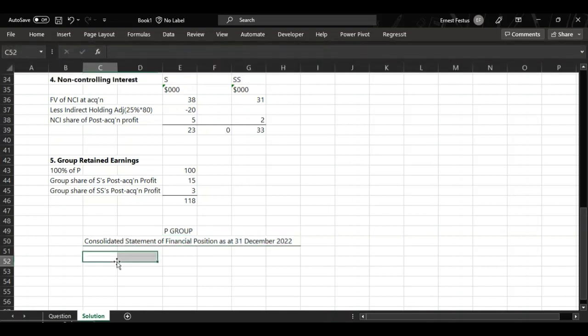Just underline this nicely. Alright, so we have our assets, and then from our question, we'll have parent, we'll have sub, we'll have sub.